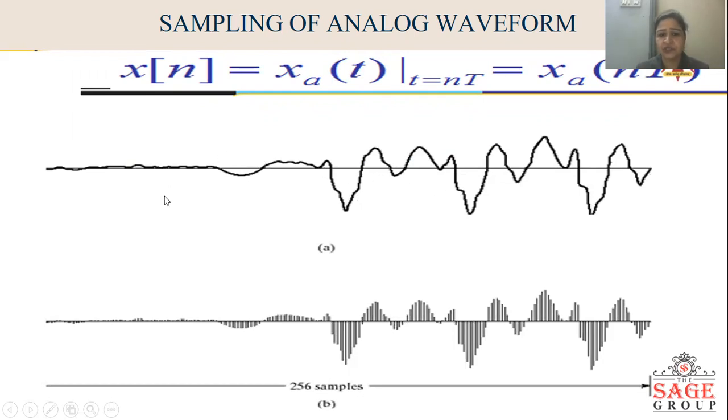Now, if I do the sampling of this continuous time signal, I'll obtain the second signal, which is discrete in nature. Sampling means that I'll take out the samples of this signal at discrete instants, and the interval between the two samples is always uniform. So this interval is known as the sampling period.